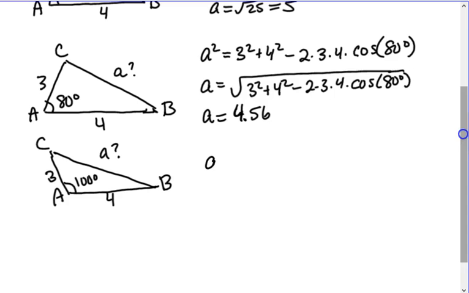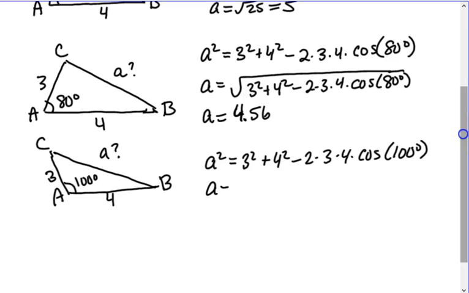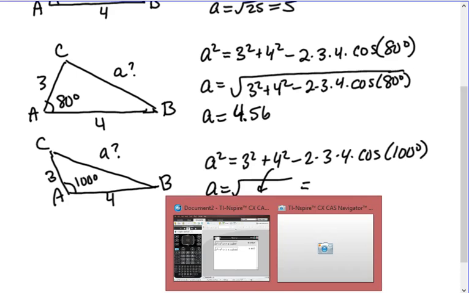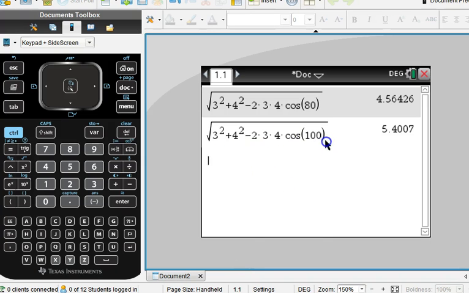So a squared is equal to 3 squared plus 4 squared minus 2 times 3 times 4 times cosine of 100. a then would be the square root of all of this, which is going to be, you would guess, bigger than 5. Because when it was at 90 degrees it was 5, and when it was less than 90 it was smaller than 5, so this is going to be bigger than 5. And if you do this on the calculator, you will find out, yes, this is a number bigger than 5.